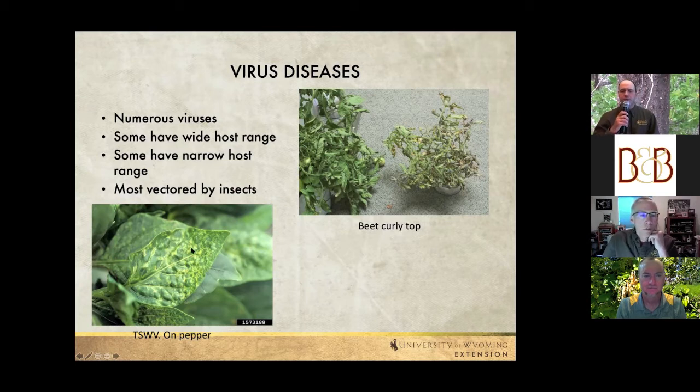Here you can see what we call a mosaic pattern, which is pretty common with viruses, where you see alternating normal tissue and yellow tissue. Sometimes the tissue will be puckered and rough, like when you crinkle a piece of aluminum foil and it gets stiff.